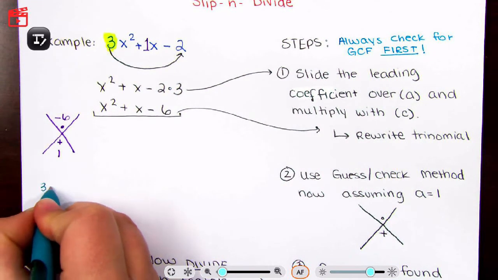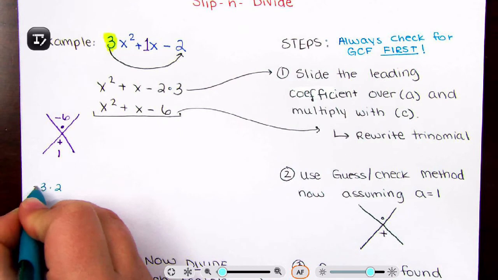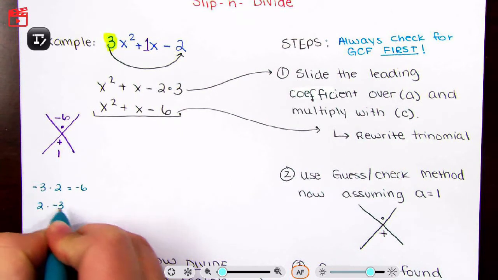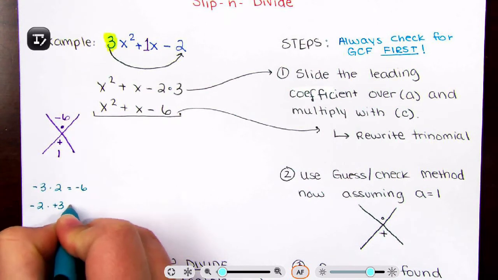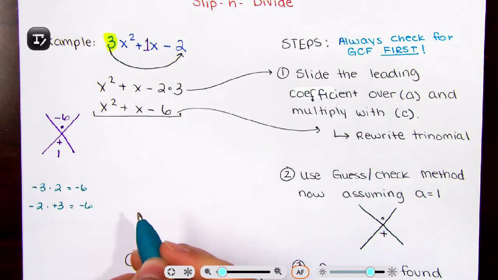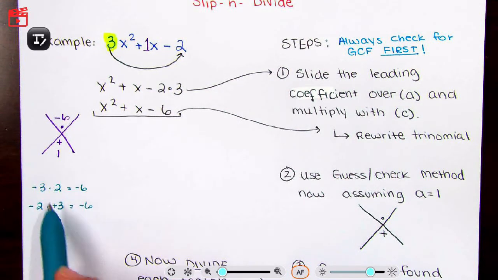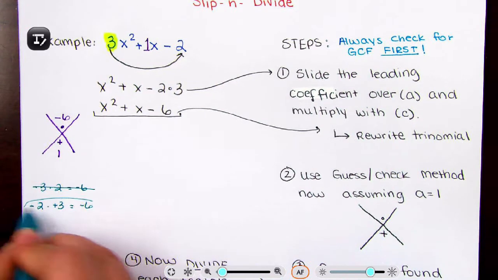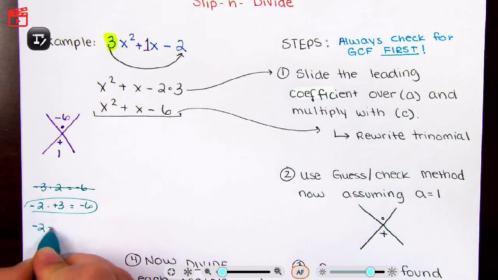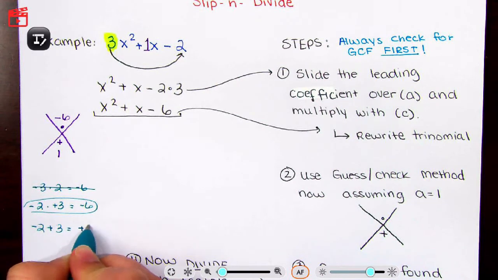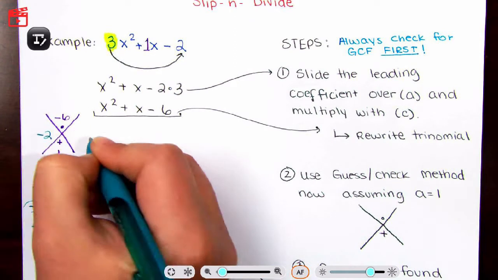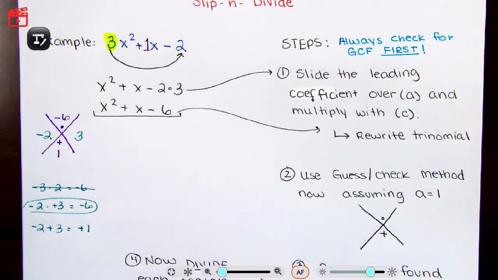I know 3 times 2, but we need one of them negative, is -6. I know 2 times -3, oh, that's the same thing. Let's make 2 negative. And then I need them to add up to positive 1. So it would have to be not this one, but it'd have to be this one because -2 plus 3 is a positive 1. So my factors are -2 and a positive 3.